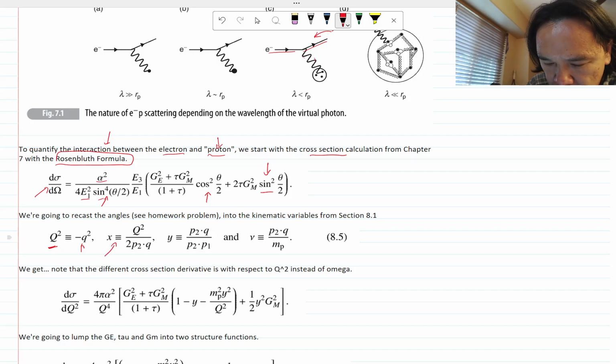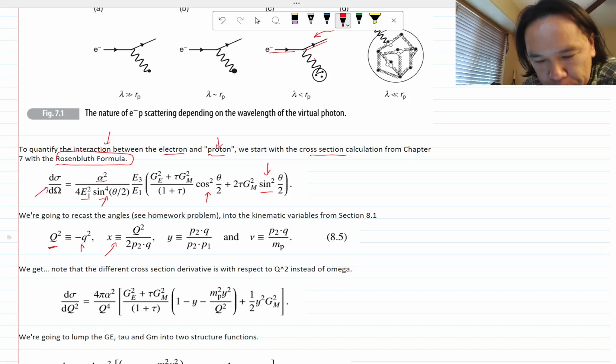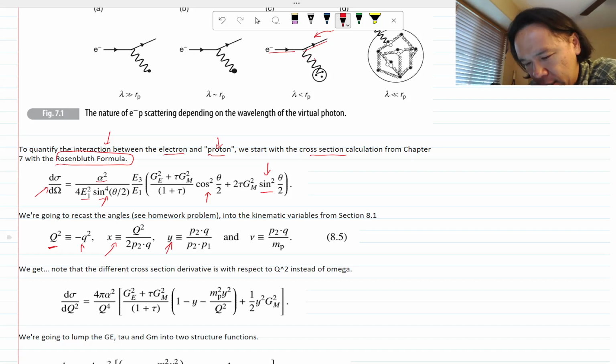And then in the previous section, we defined this elasticity factor, and this is going to turn out to be very interesting. x is Q squared over 2 times the dot product between the incoming proton and the photon exchanged between the electron and the proton. And you have the inelasticity kinematic variable y, where it's P2 dot Q over P2 dot P1.